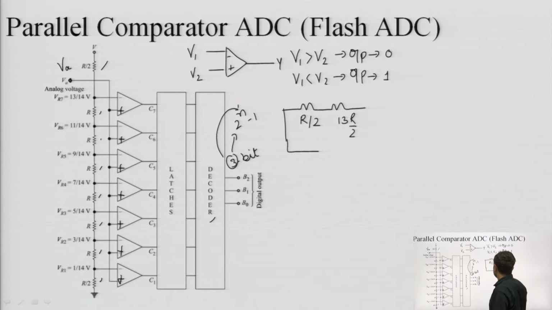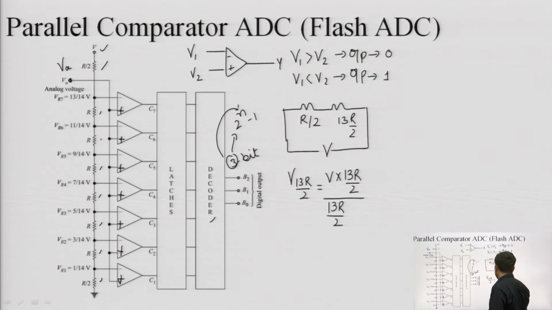If we pass a voltage V here, then the voltage across 13R/2 will be V into 13R/2 upon 13R/2 plus R/2.